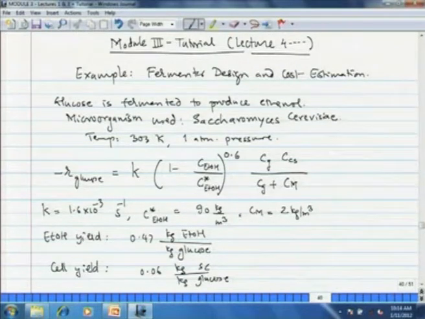The values given are k equal to 1.6 into 10 to the minus 3 second inverse, the inhibitory concentration 90 kg per meter cube, and the Michaelis-Menten constant 2 kg per meter cube. Ethanol yield has been given as 0.47 kg ethanol per kg glucose consumed, and the cell yield is 0.06 kg Saccharomyces cerevisiae per kg glucose consumed. Cell yield means basically the amount of cell that gets deactivated or killed.